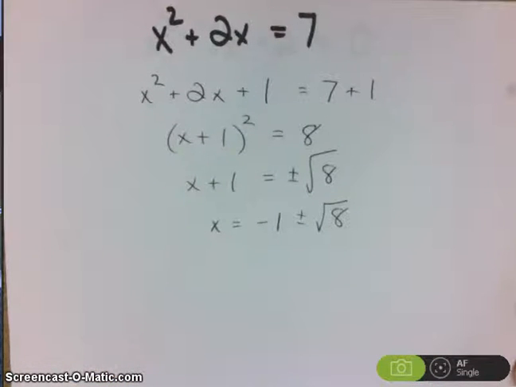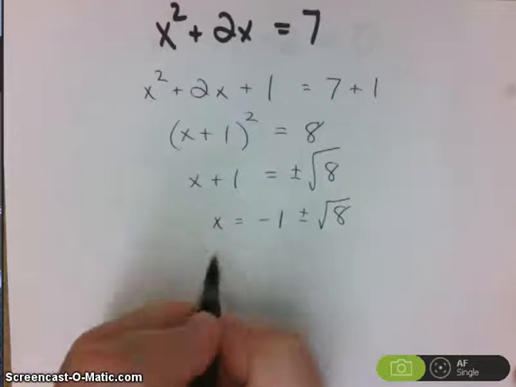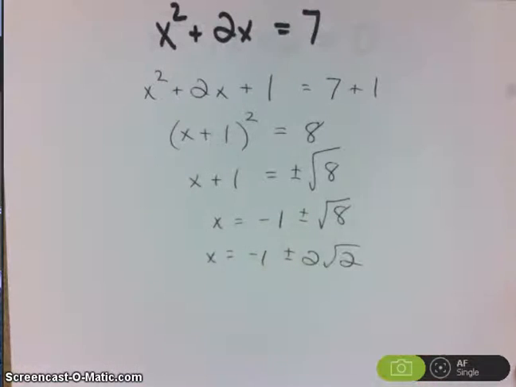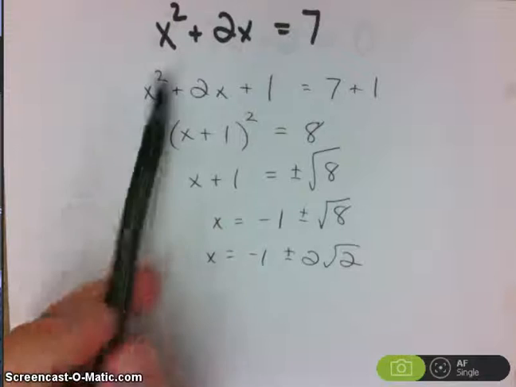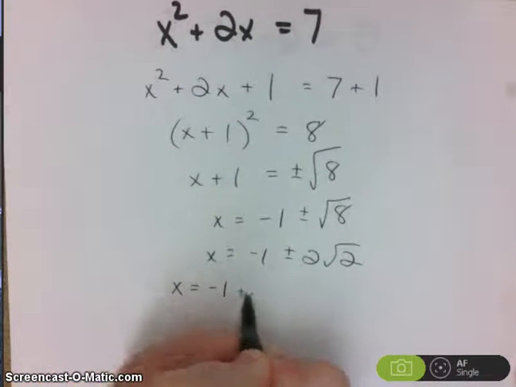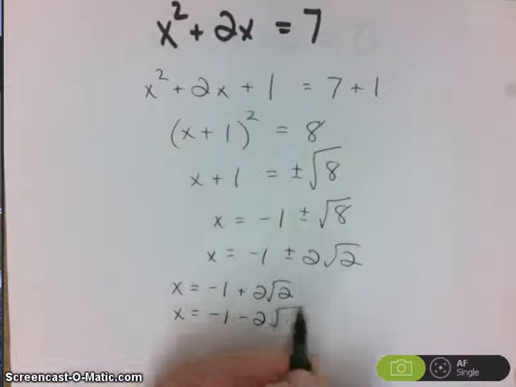And now we're in a situation where we could simplify that 8 under the radical if we wanted to, and if we wanted to, it would be 2 root 2. Okay, so there are actually 2 solutions to this quadratic. It's x is equal to -1 plus 2 root 2, and x is equal to -1 minus 2 root 2.